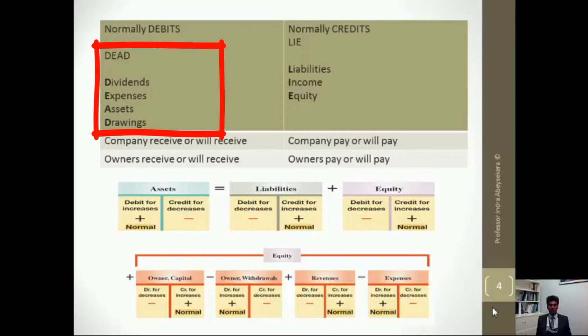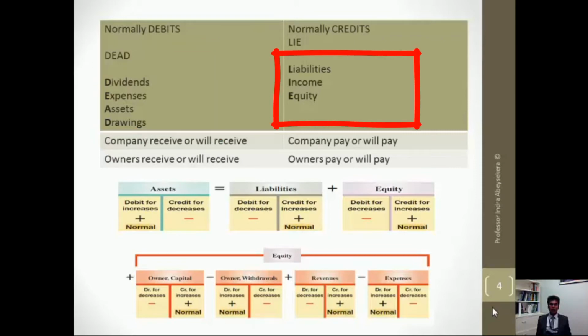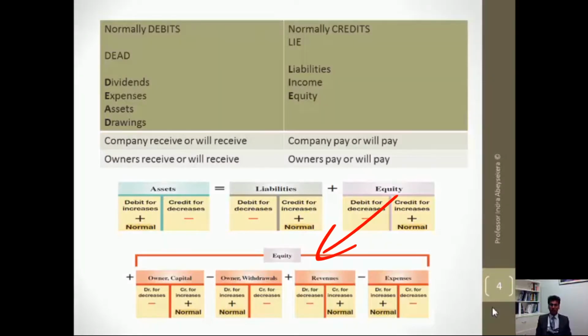Debit is the mnemonic for debits and lie is the mnemonic for credits. Dividends, expenses, assets and drawings are the debits, and liabilities, income, equity are the credits. Equity can be expanded further, and there's revenue and expenses.